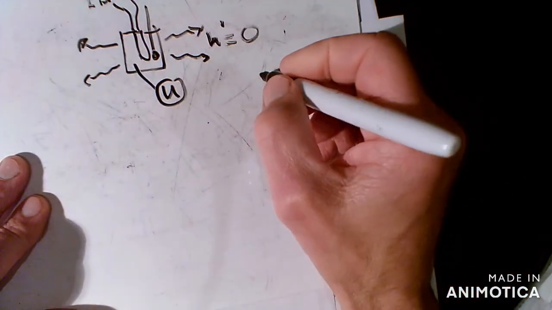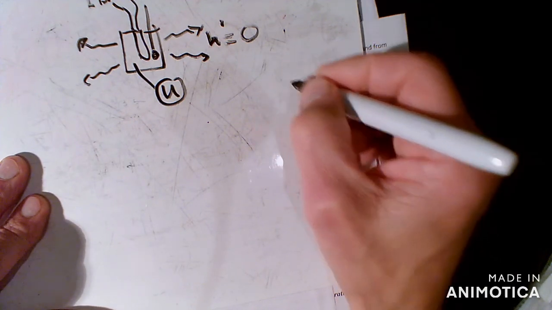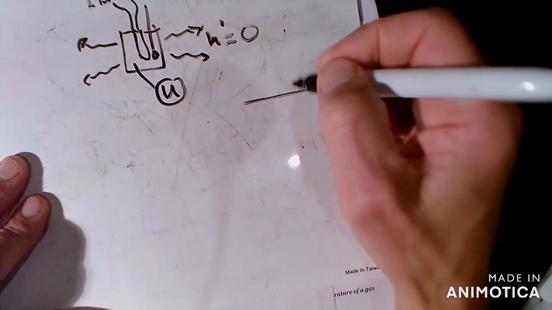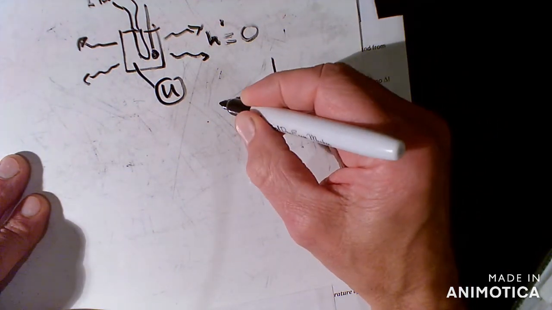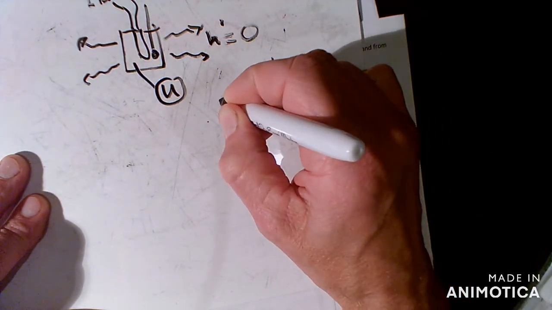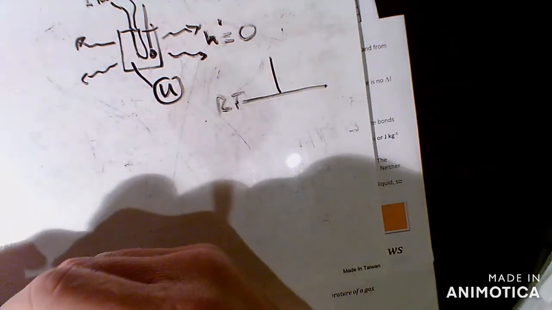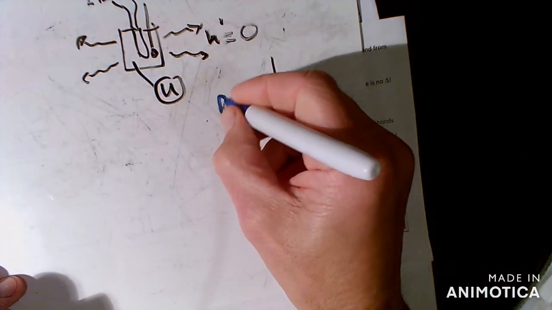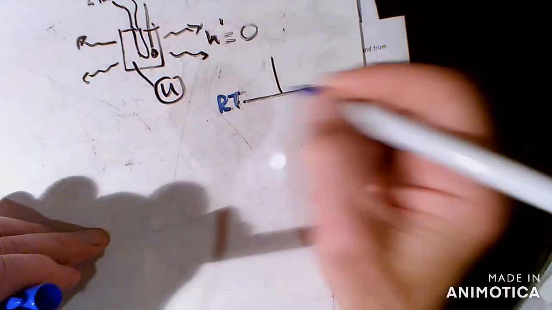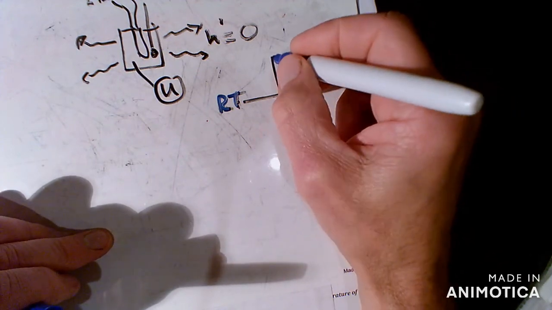So the way to do it is to make sure that we are at a certain temperature. This is room temperature here, and this is basically a graph.